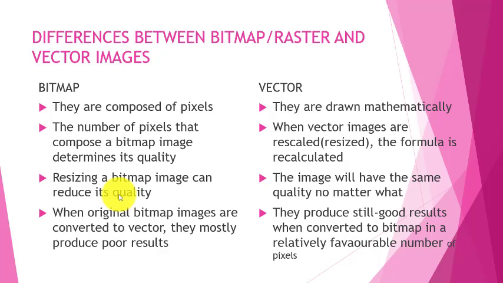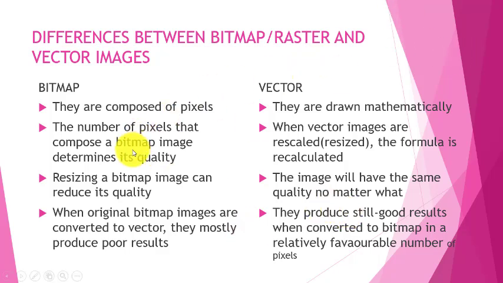Okay, now let's examine the differences between bitmap or raster and vector images. Now, bitmaps are composed of pixels. Yes, I've talked about this. They are composed of grids or matrix of pixels, while vector images are drawn mathematically.